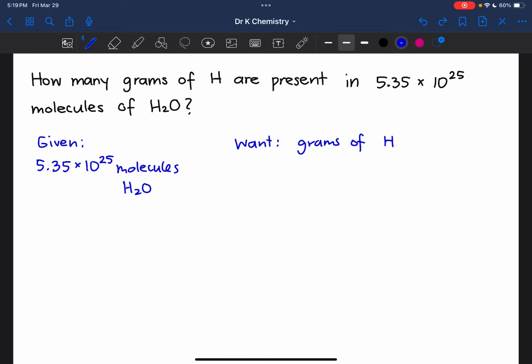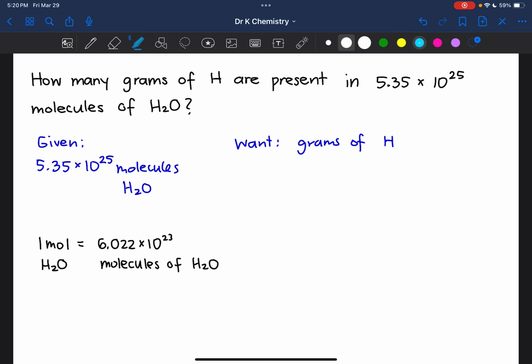However, as soon as you see the term molecules or atoms or some number of particles, think about Avogadro's number, because we know that Avogadro's number tells us that in 1 mole of anything, you have 6.022 times 10 to the 23 of that particular thing. So if you have 1 mole of water, then you have 6.022 times 10 to the 23 molecules of water. And that can take us from molecules of water to moles of water.